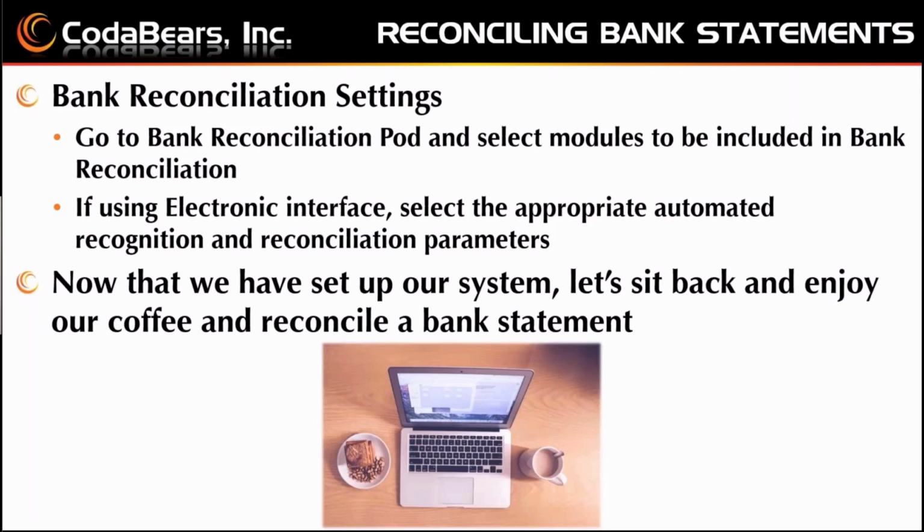You might want to include accounts payable and accounts receivable. You pick whatever choices you feel are best for your particular company and that particular bank. And then if you are using your electronic interface, select the appropriate automated recognition and reconciliation parameters.